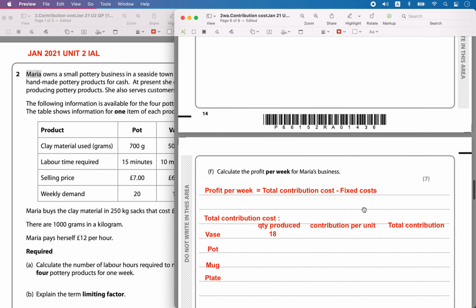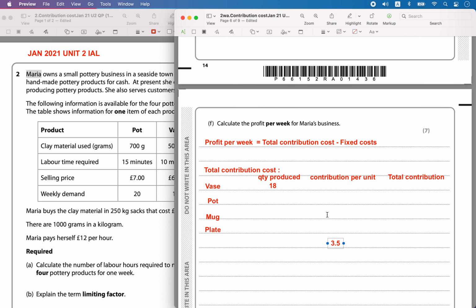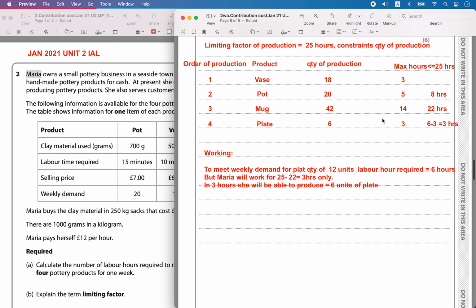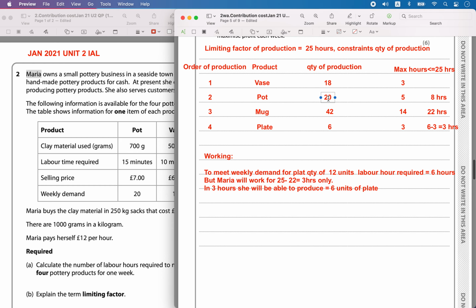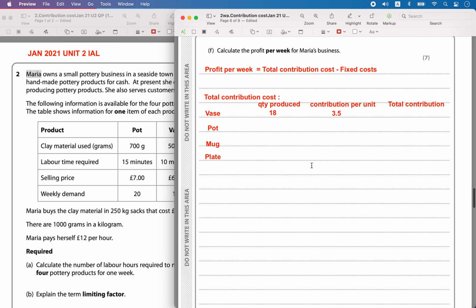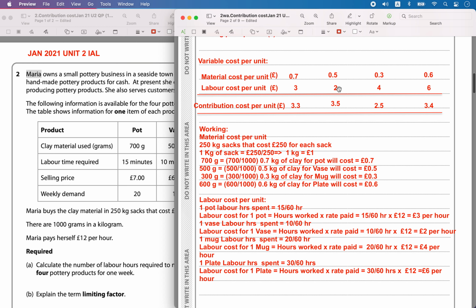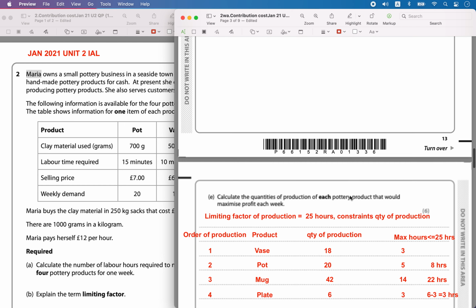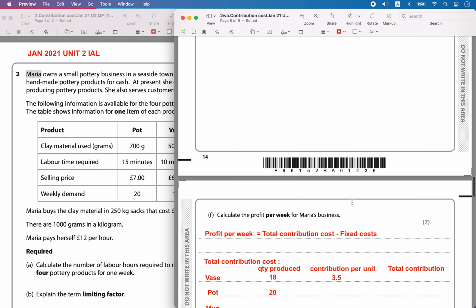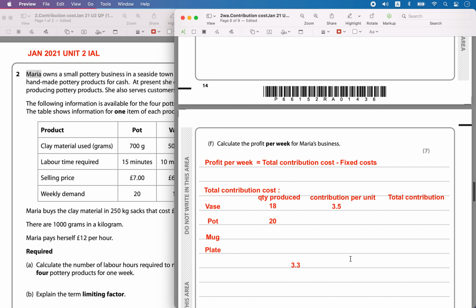Then next we have to make the pot, that is 20 units. The contribution per unit we had calculated earlier was 3.3, so let's write it here.